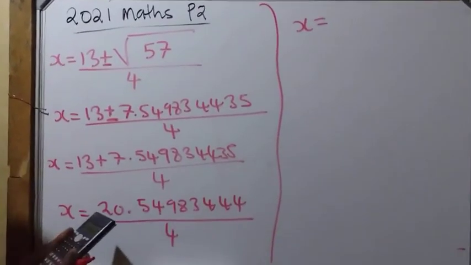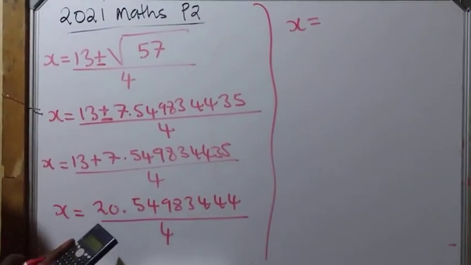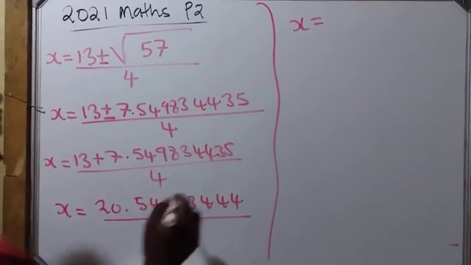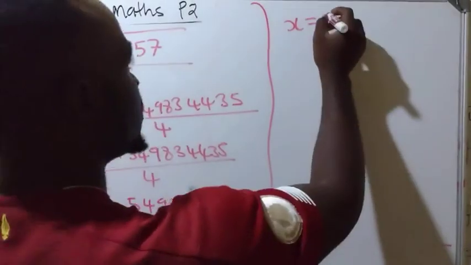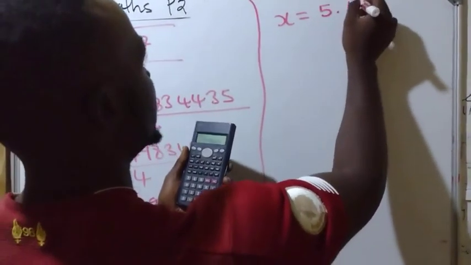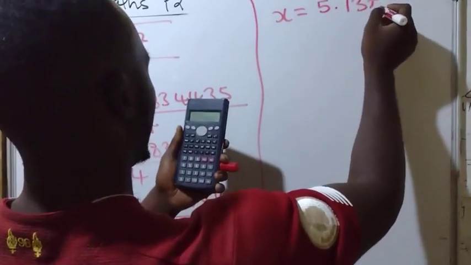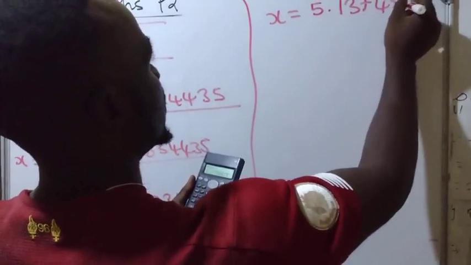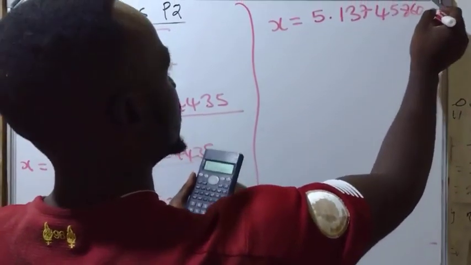So we divide this same value by 4. We're going to get something like this. X is equal to 5.1374586009.